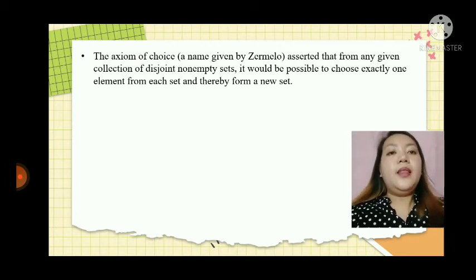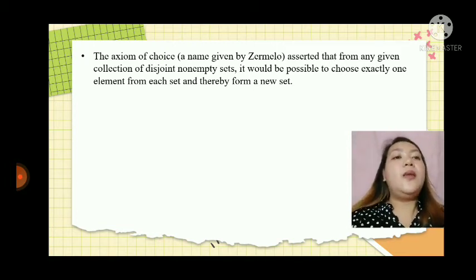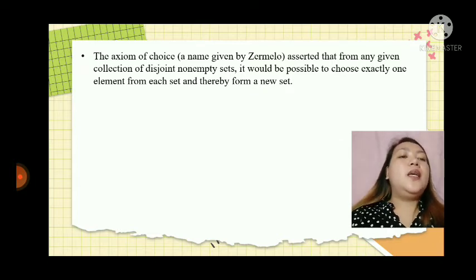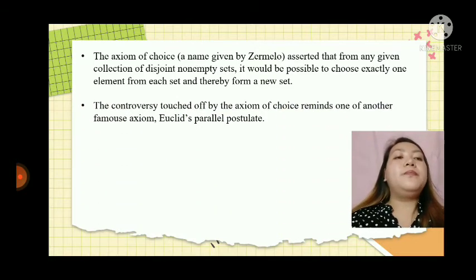The axiom of choice, a name given by Zermelo, asserted that from any given collection of disjoint non-empty sets, it would be possible to choose exactly one element from each set, thereby forming a new set. The controversy touched off by the axiom of choice reminds one of another famous axiom, Euclid's parallel postulate.